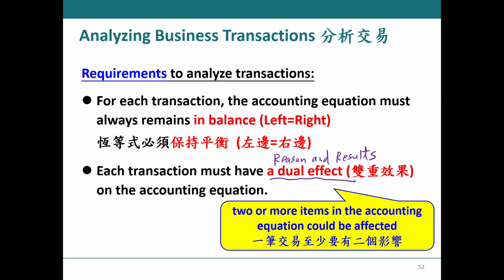Two or more because maybe you have not only one result. Okay?